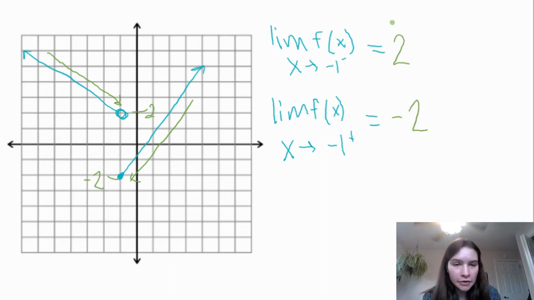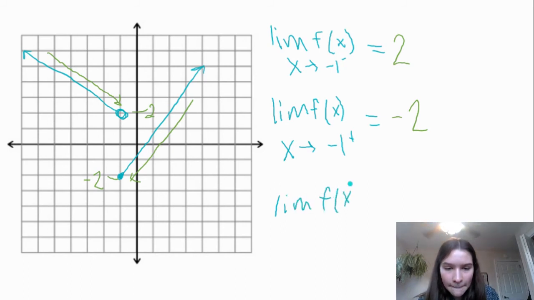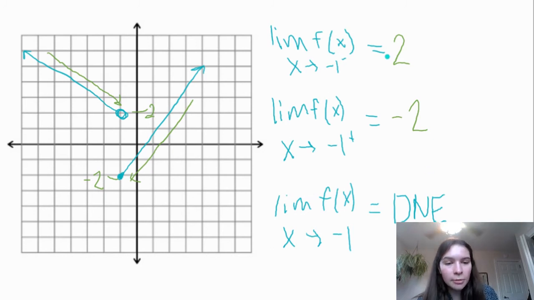So we can tell that these are two different limits. So therefore, the limit of f of x as x approaches -1 does not exist. And this is because the limits are not equal.